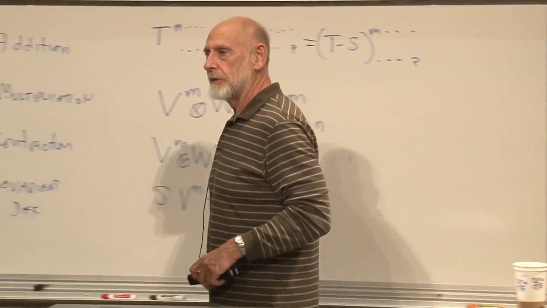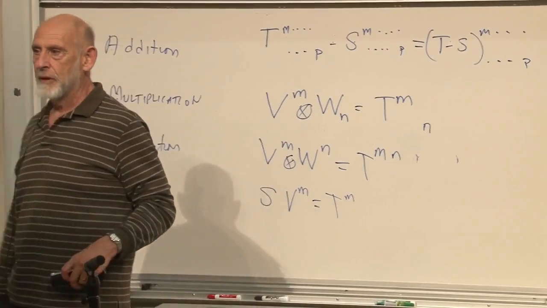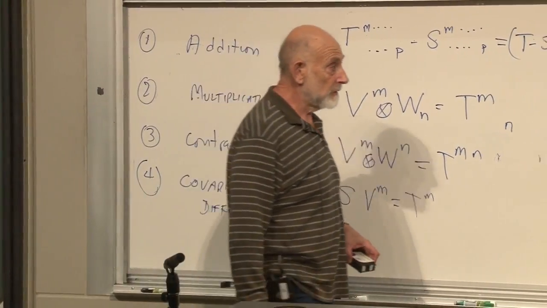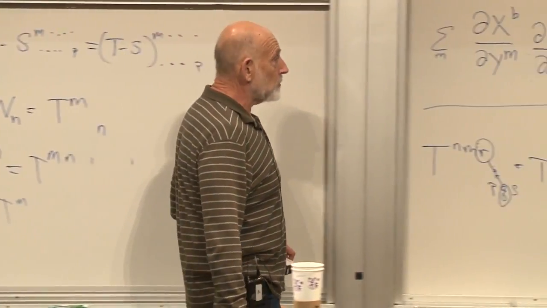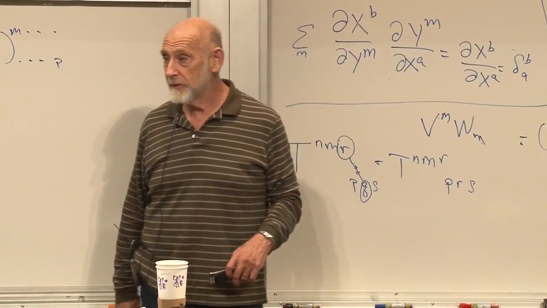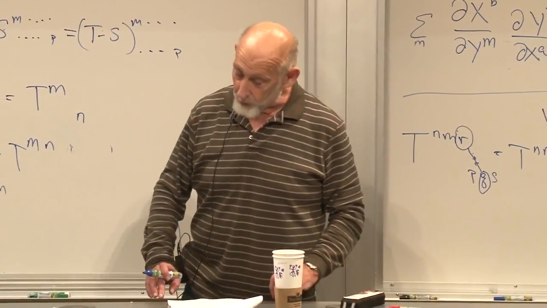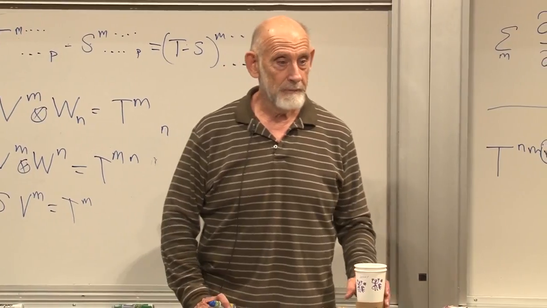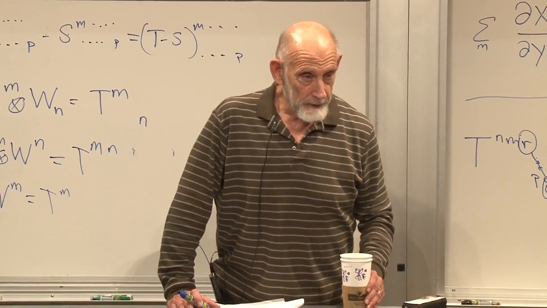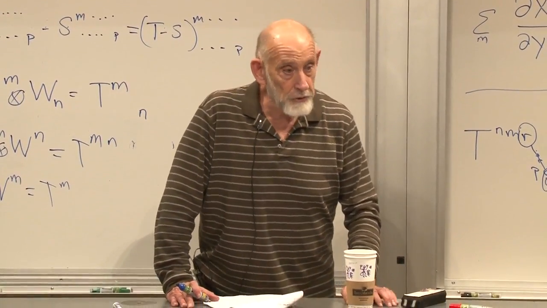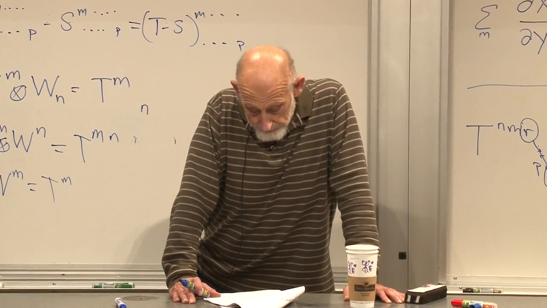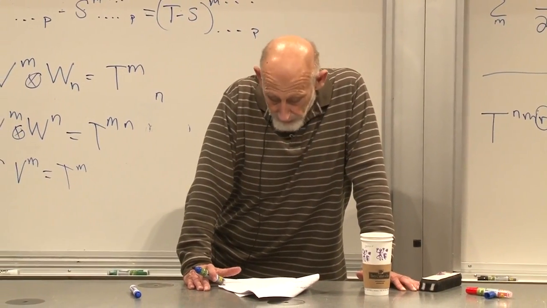Is it the inner product? No, no. No, the inner product of two vectors is one upper and one lower. So this is really kind of a generalization of the inner product, the contraction. Yeah, the contraction is a generalization of the inner product of two vectors. Yes, that's exactly right.